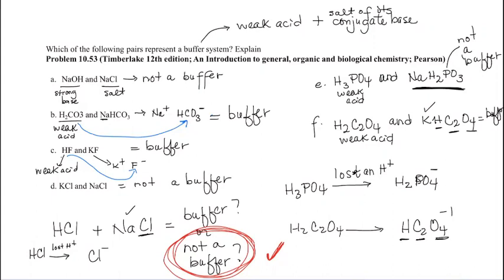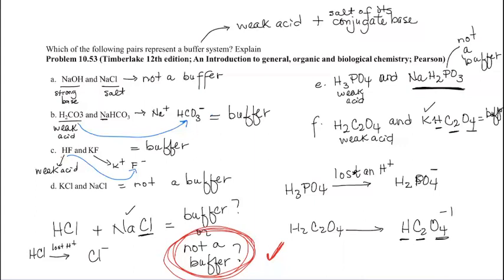Professor, sorry, I have a question. Just to simplify this in my head, if we're looking for a buffer, and in the thing that we're doing right now, if it's not a weak acid, then automatically we're saying it's not a buffer. Exactly.